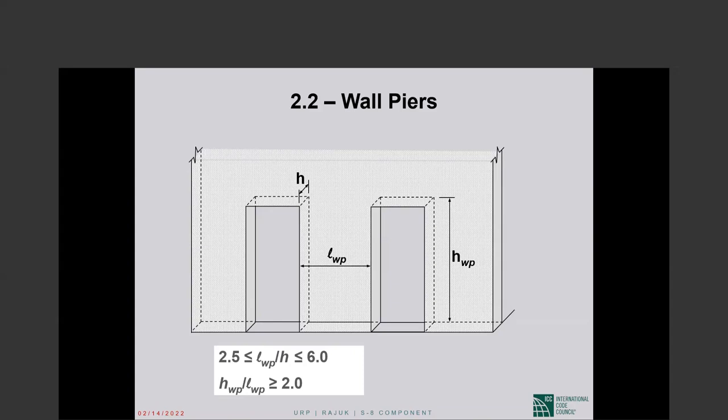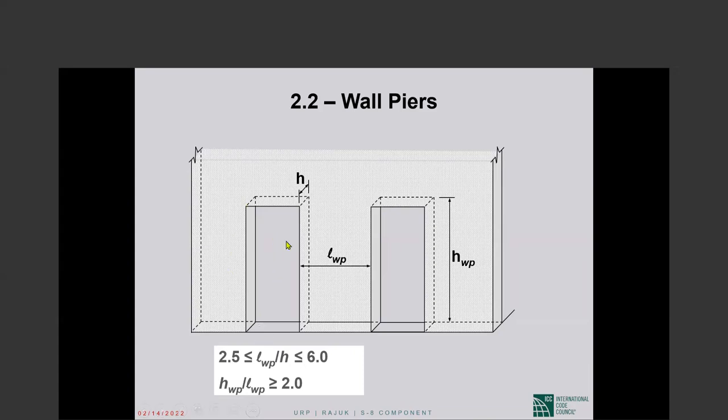When you have openings in your walls, in parts of the United States, quite popular is what is called tilt-up construction. You cast the walls on the slab on grade.